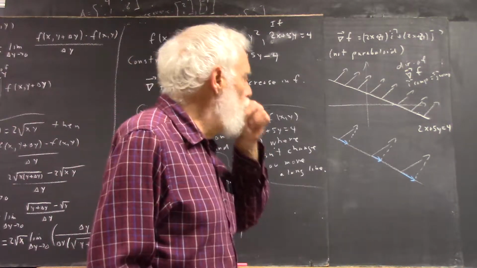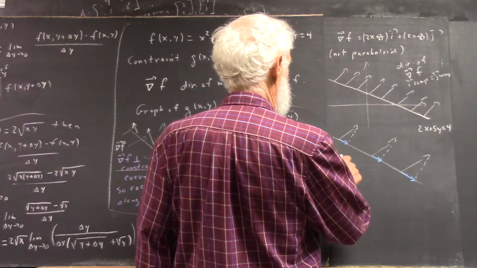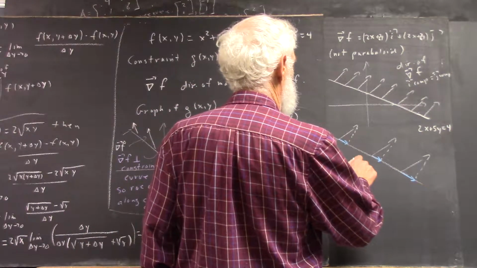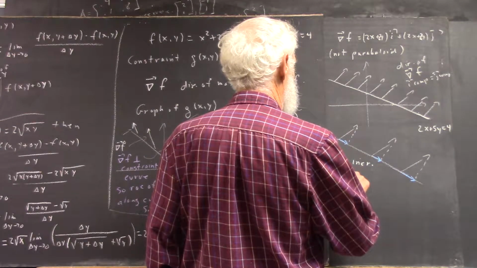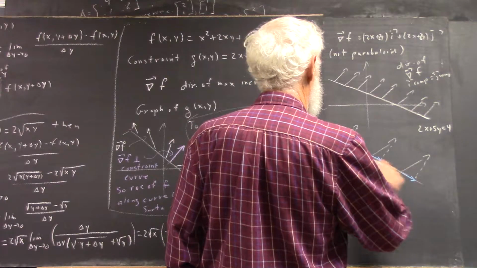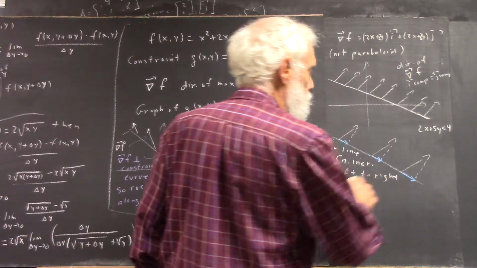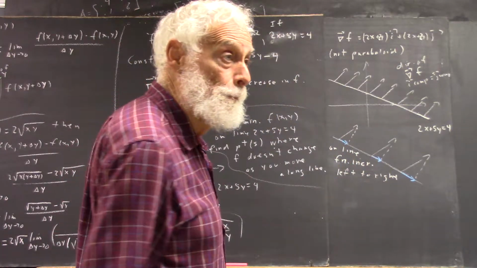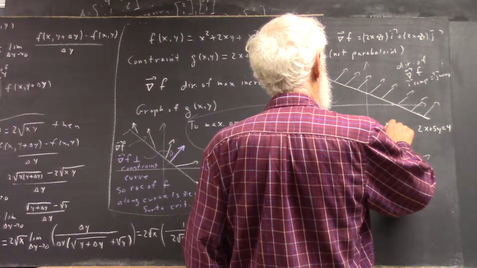Okay, so this shows us that on the curve or on the line, the function's increasing as we go from left to right, right? So here we have the direction of maximum increase.